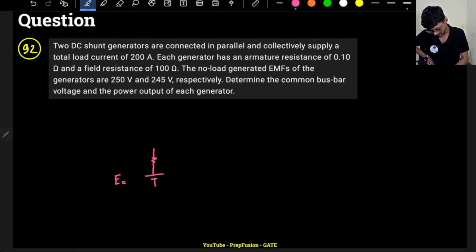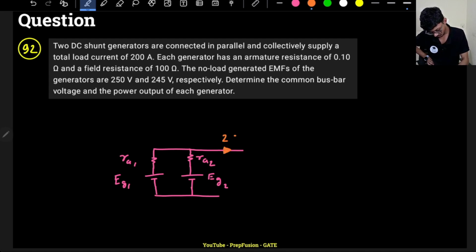Let me write this as EG1 and this as RA1, RA2, EG2, and they are supplying a current of 200 amperes.